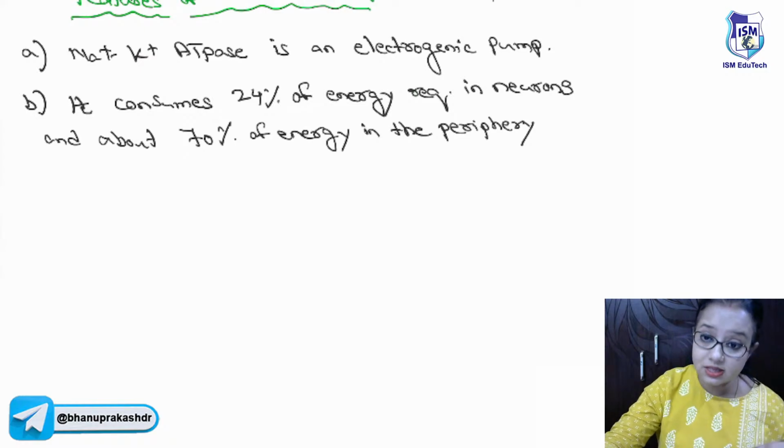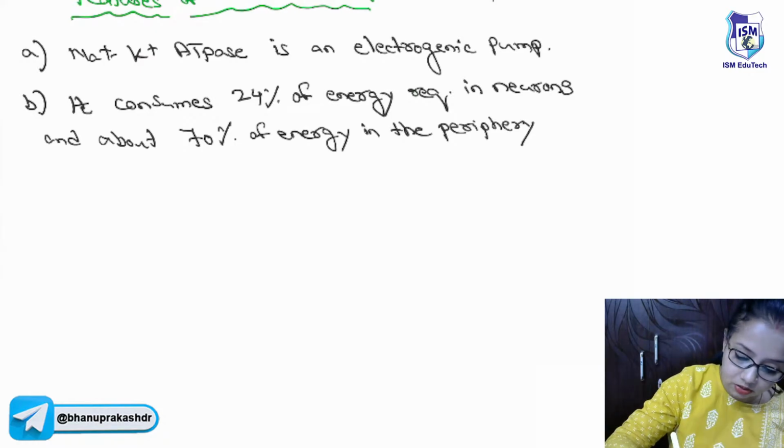And in the peripheral cells, other cells of the body, about 70% of the energy that is being consumed is by this sodium potassium ATPase. Okay, that is the energy requirement.